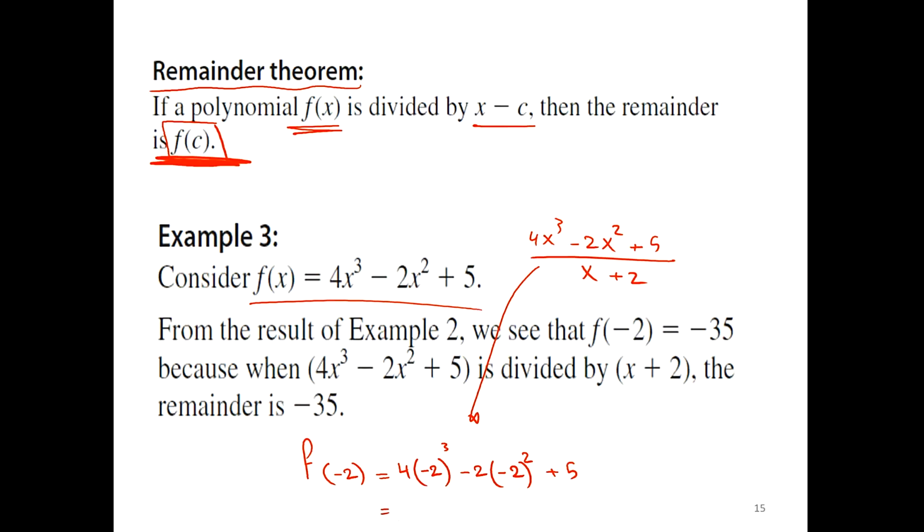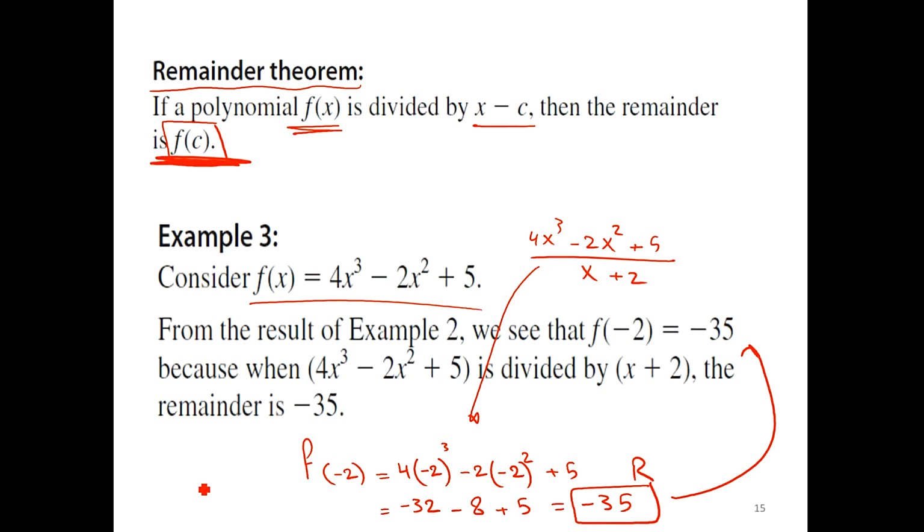So negative 2 to the power 3 is negative 8, times 4 is negative 32, and we have minus 8 plus 5. So we have minus 35. This is the remainder R. So we can find the remainder directly by substituting c in f of c.